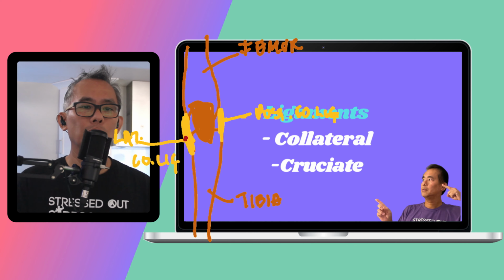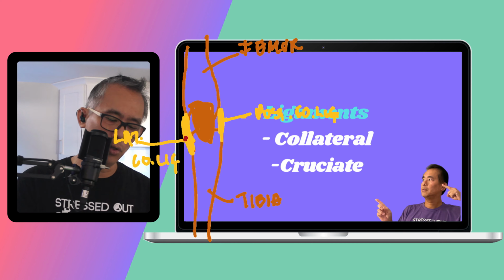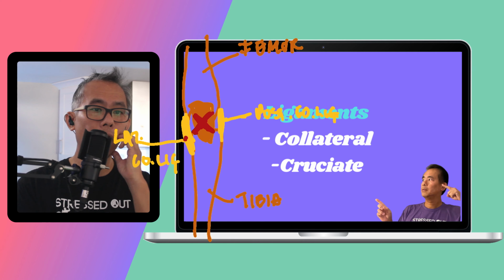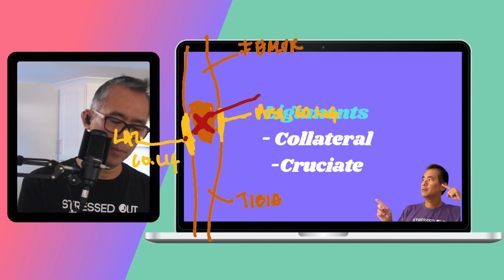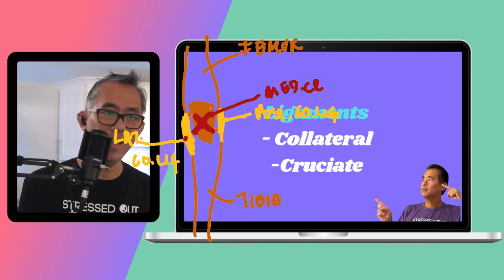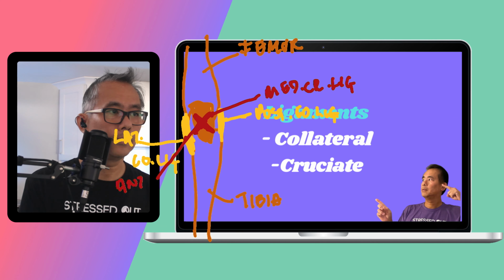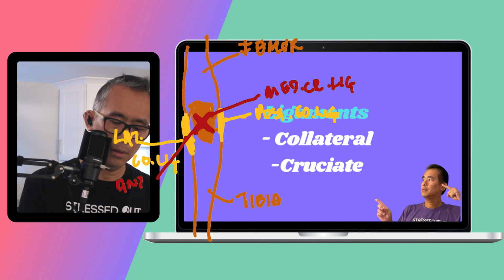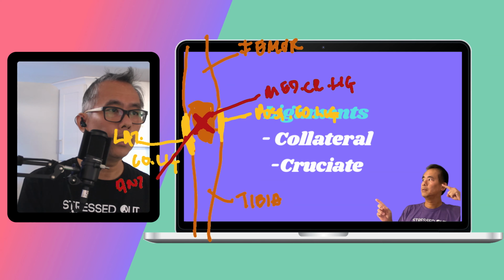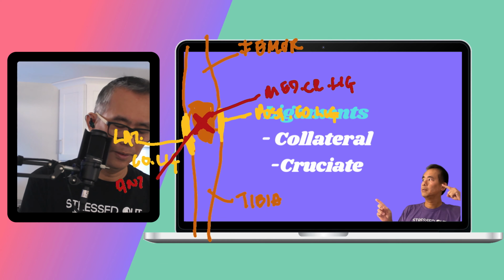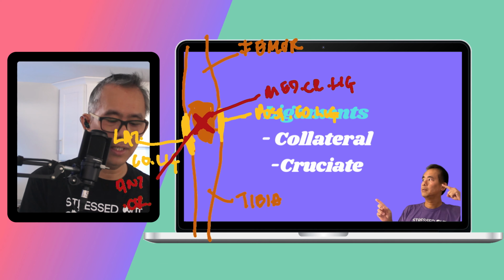And the cruciate ligament, which we're going to show now, is like a cross like this. This is the medial cruciate ligament, and the front one is the anterior cruciate ligament.